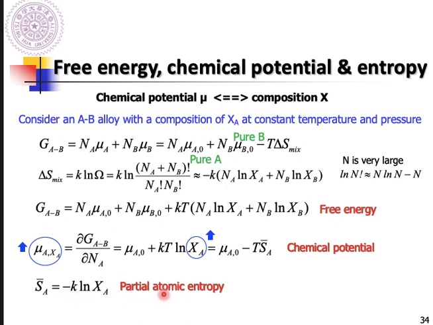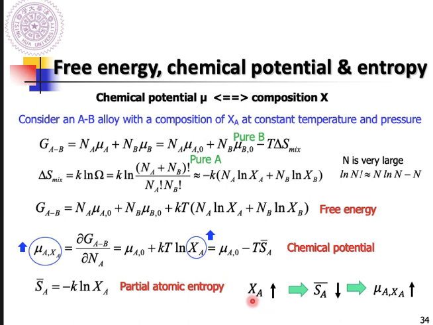What's the partial atomic entropy? The definition is a little similar to that of the chemical potential of atom A: when you add 1 mole of atom A, it is the total entropy change of the system. We call it the partial atomic entropy. Okay, so in this case, we make a short summary here.